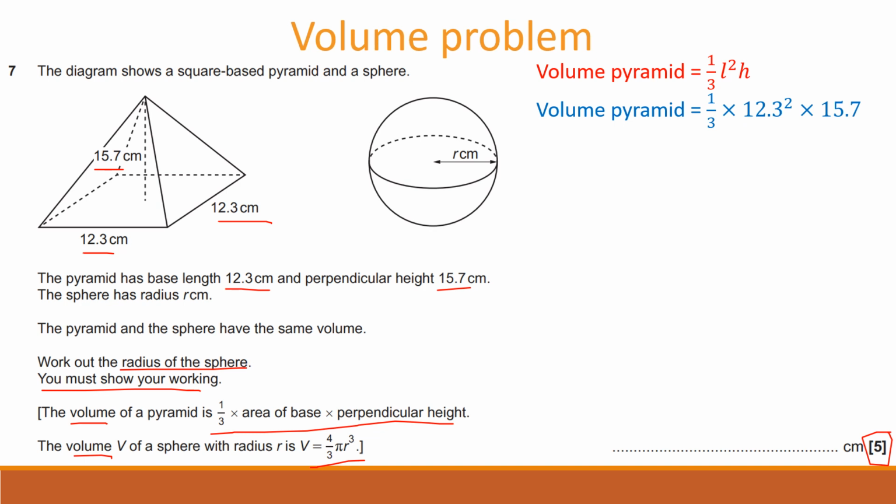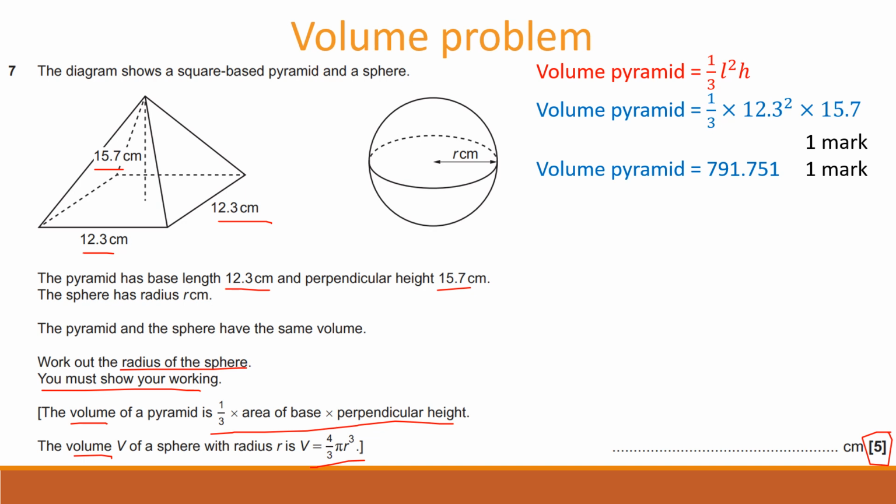The length is 12.3, so I've got 1/3 times 12.3 squared times the perpendicular height of 15.7. This is a calculator paper, so just type that into your calculator and that will give you 791.751. That first bit will give you 1 mark for the working, and your second mark is for getting the volume of 791.751. That will be in centimetres cubed.